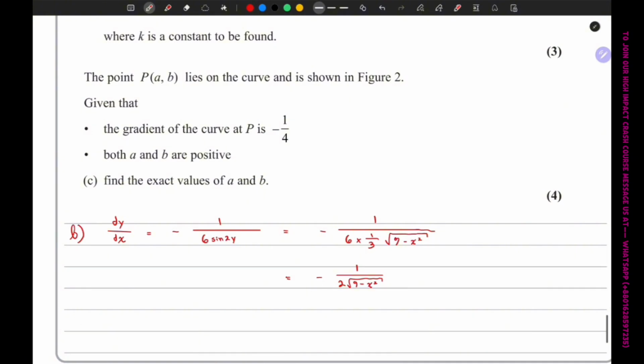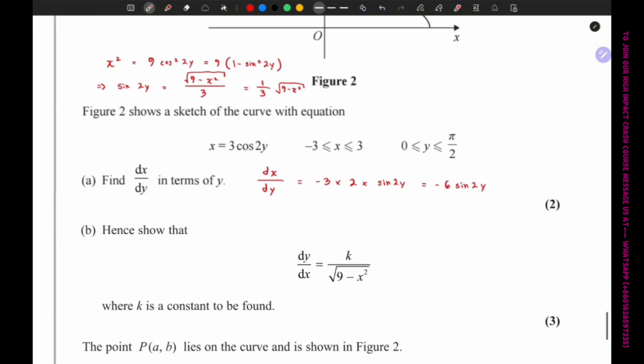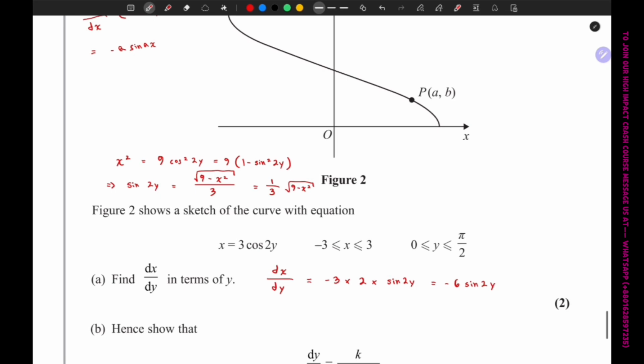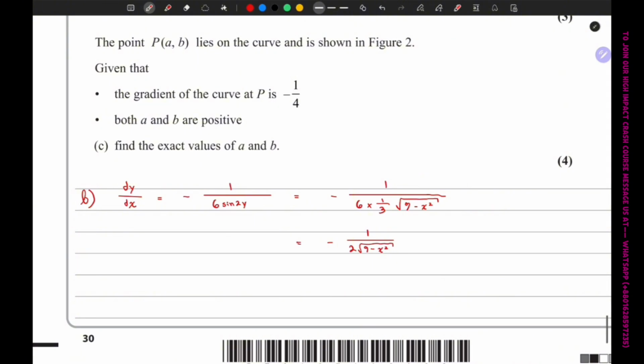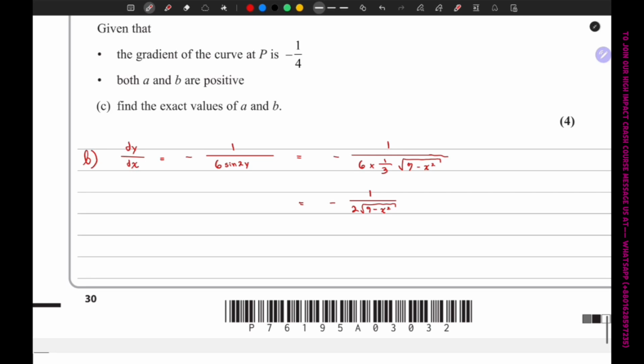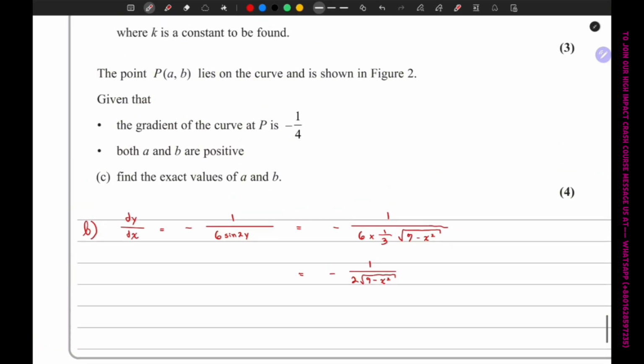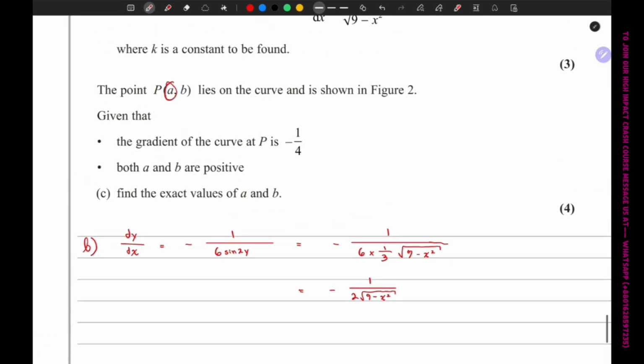Now moving on to the next part, the point P lies on the curve and is shown in figure 2. So this is point P, which has coordinates a and b. The gradient of the curve at P is negative 1 over 4. So we have the information that the value of dy over dx at x equals a is negative 1 over 4.